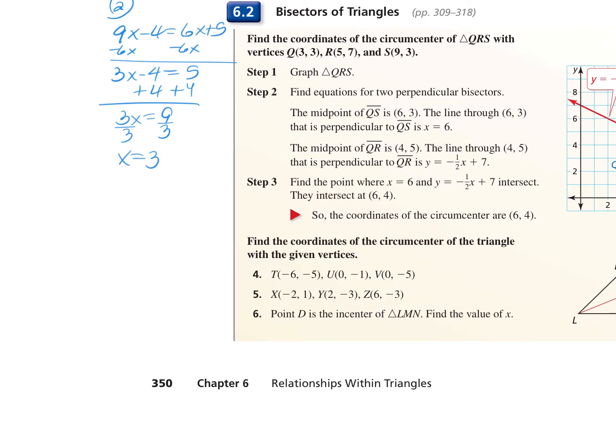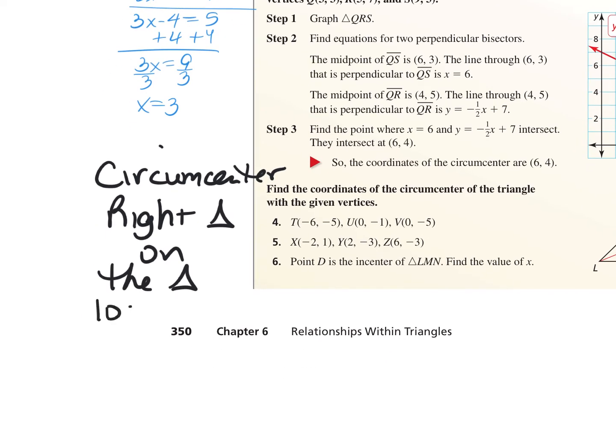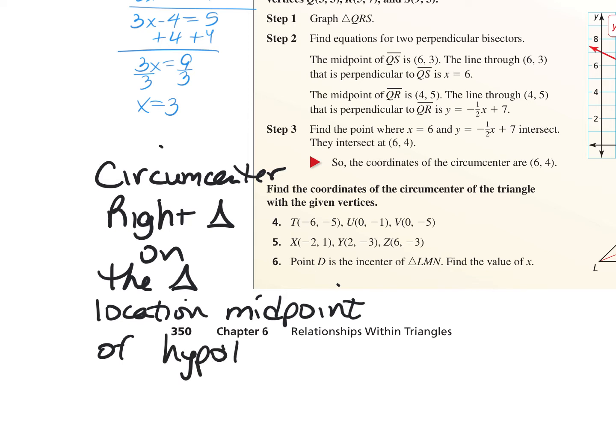Because tomorrow, if I ask you to find the circumcenter, remember when it's a right triangle, it will be on the triangle and its location is going to be the midpoint of the hypotenuse. So I will only be giving you a right triangle if I ask you to find the circumcenter.